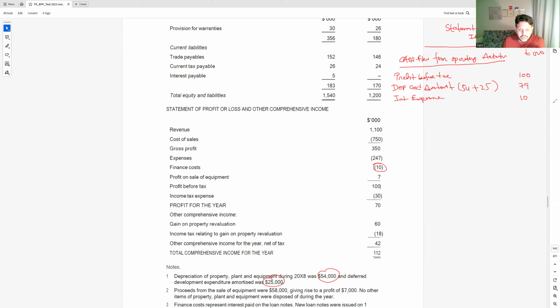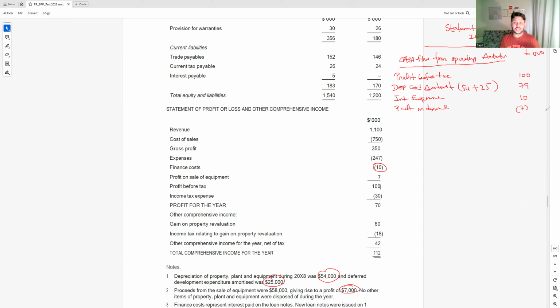And then we need to find the profit on disposal. Remember the 7? Profit on disposal, minus 7. If it is a loss, you need to add back plus 7. Okay, so this is the one we need to do before the working capital changes.